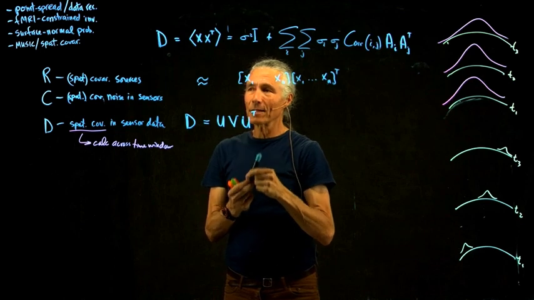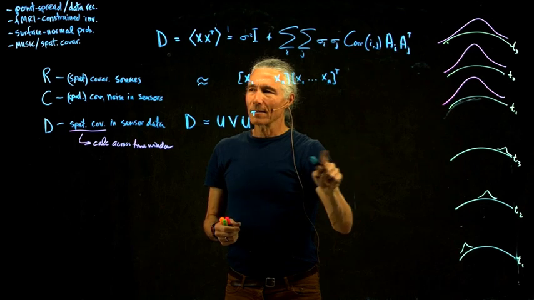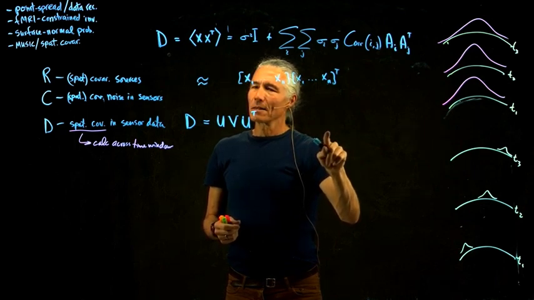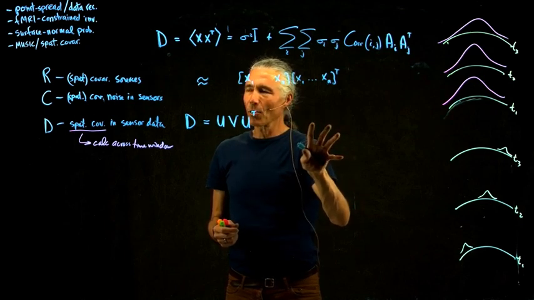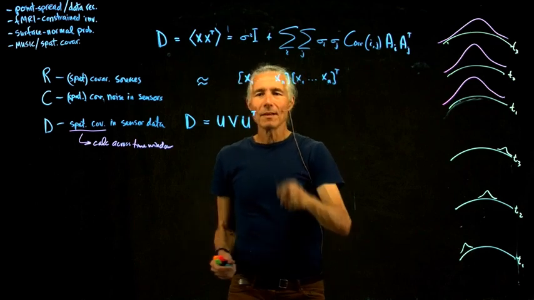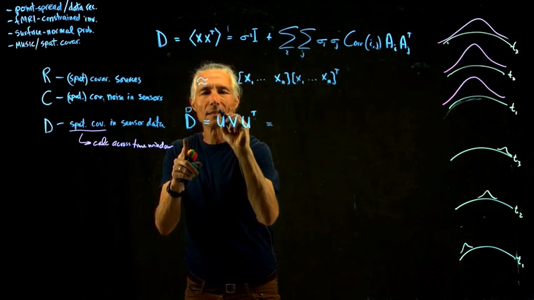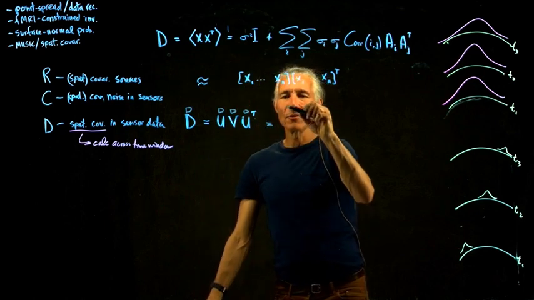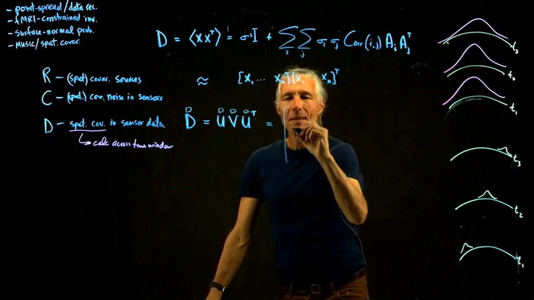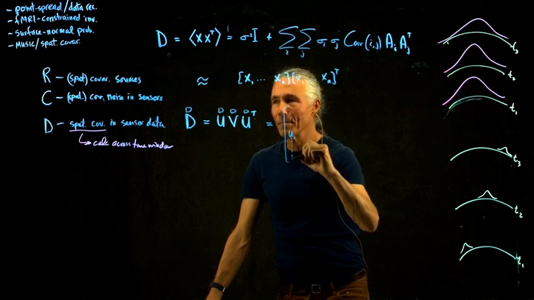A vector is a particular spatial pattern, because a vector is just a number across each of the sensors. And what we want are orthogonal spatial patterns, which means spatial patterns that aren't correlated with each other at all. So we'll divide this thing up into a bunch of eigenvectors. They're all perpendicular to each other.